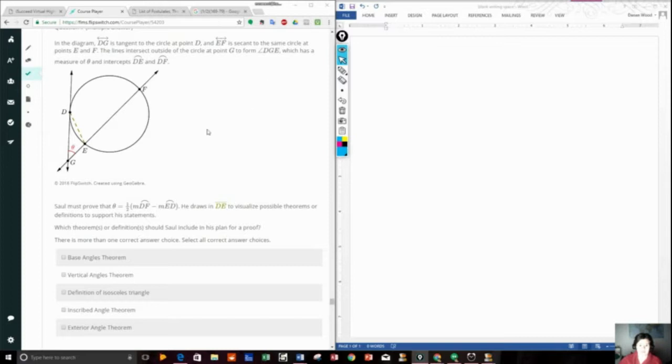Saul must prove that theta equals 1/2 the measure of arc DF minus the measure of arc ED. He draws in chord DE to visualize possible theorems or definitions to support his statements. Which theorems or definitions should Saul include in his plan for proof?